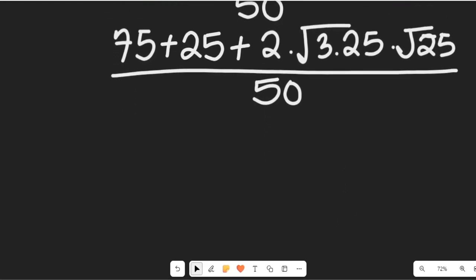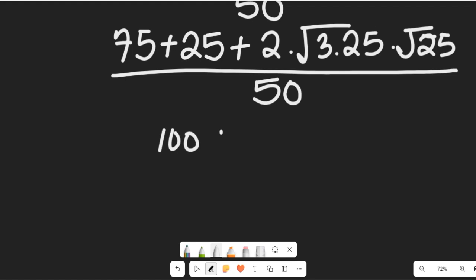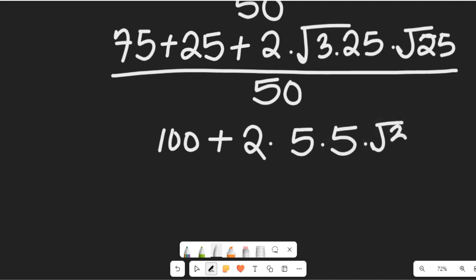We have all these to be equal to 100 plus 2 multiplied by the square root of 25, which is going to give us 5, multiplied by 5 root 3, right?